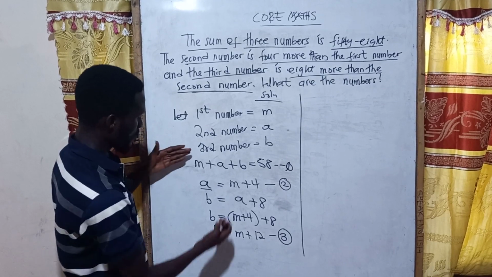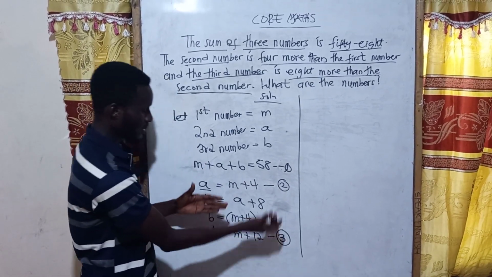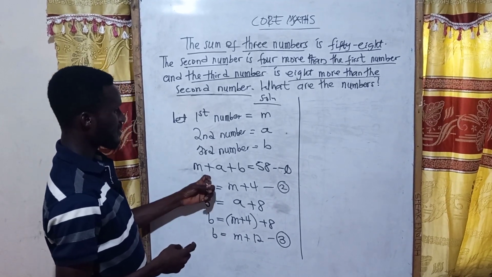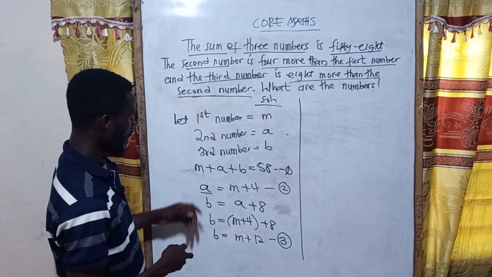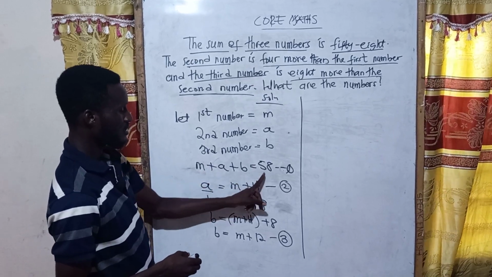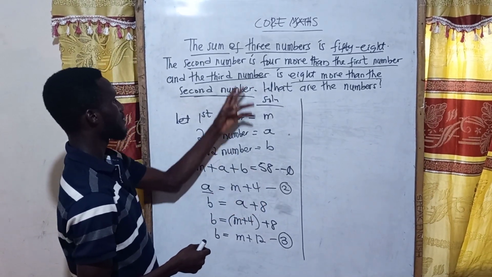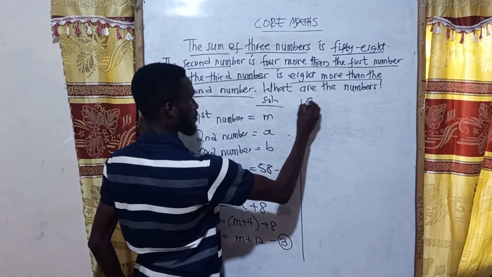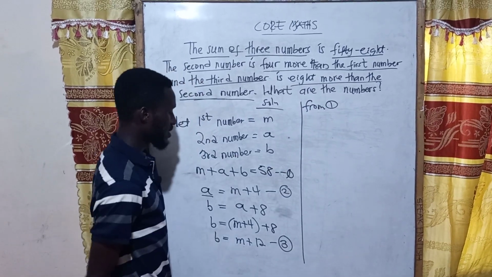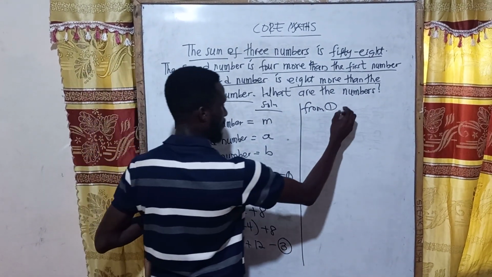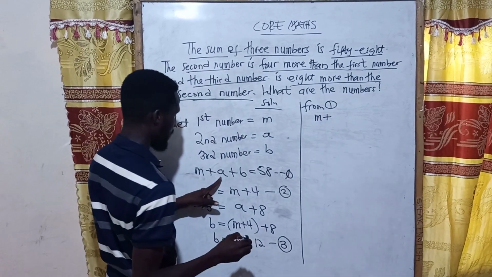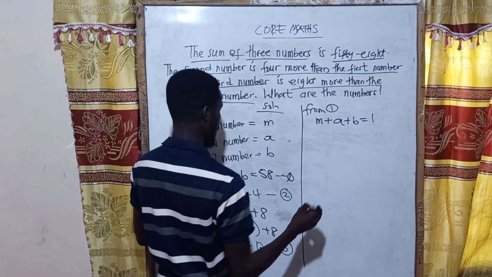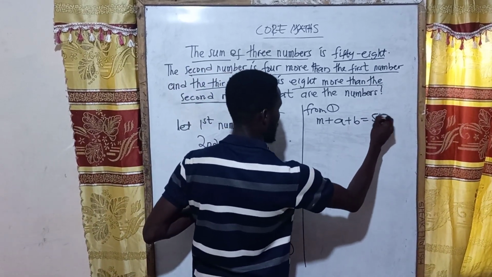Now, I'm coming to deal with this equation 3 to get the values for all the answers. From the first equation, M plus A plus B is equal to 58. That is, when we add all the three numbers, it's supposed to give us 58. So from equation 1, I have M plus A plus B equals 58.